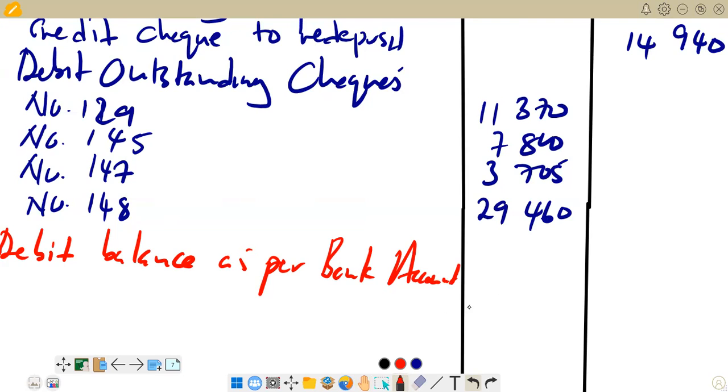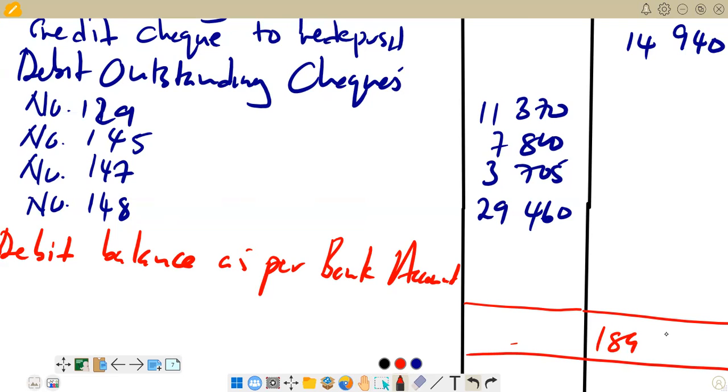And here we put our double lines. Then we are saying the greater total on the credit we found is 189,306, which will come on both sides. Then we say this one minus 189,306 minus 29,460 minus 3,705 minus 7,800 minus 11,370.